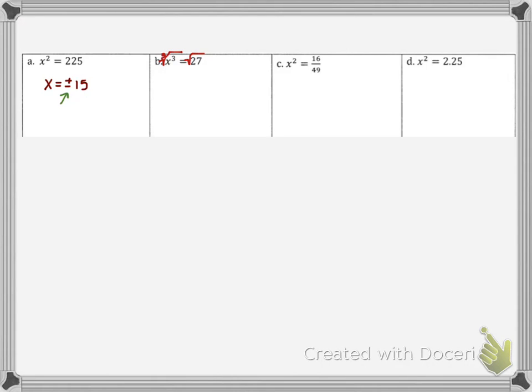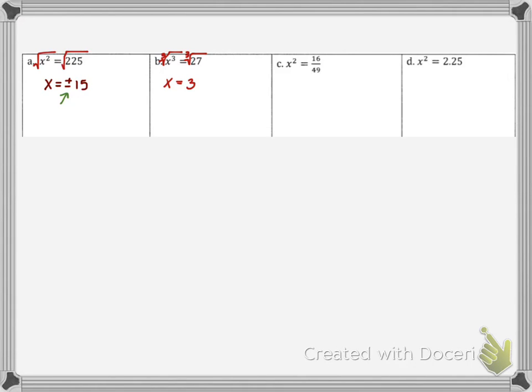So I'm just going to show taking the cube root on both sides. That gives me x. You would find the cube root of 27, which is 3. So x is equal to 3. Now we can show the same kind of work for the previous one. We would just show the square root value on both sides.